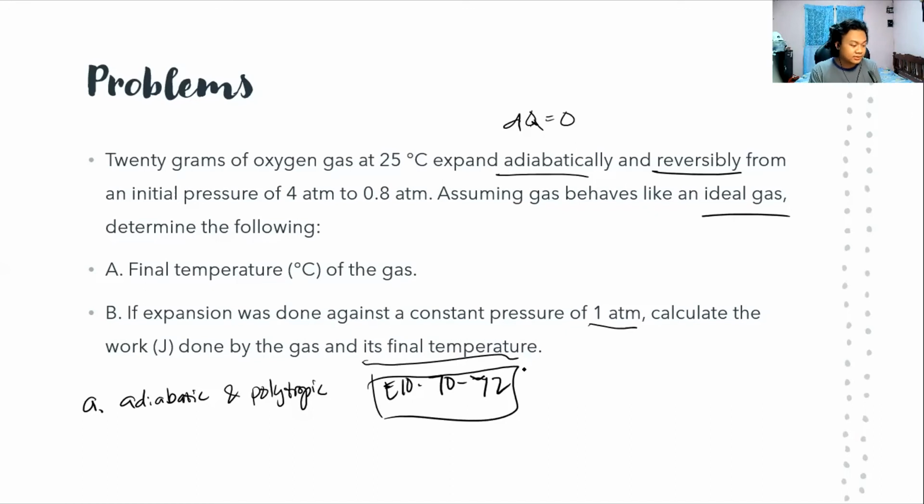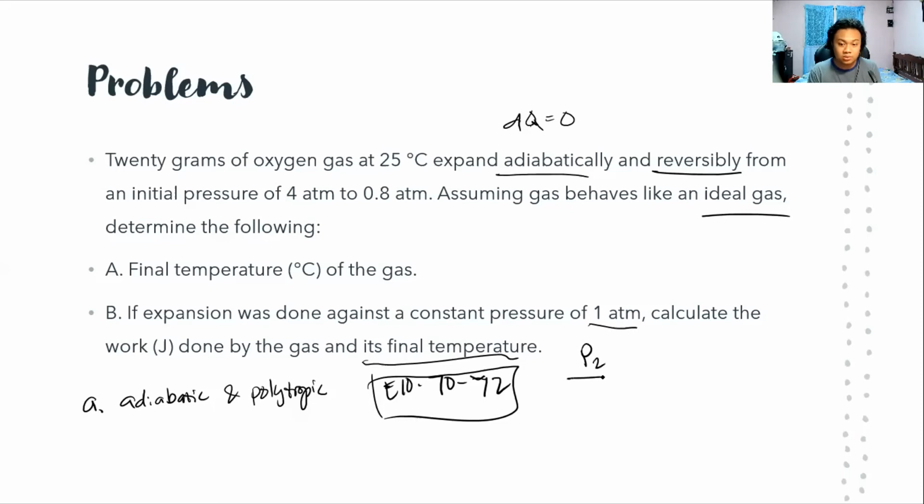Because we are asked to find our T2, and we are given P1 and P2, we can use this form of the equation.